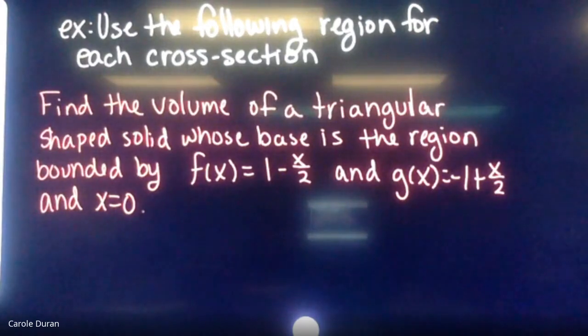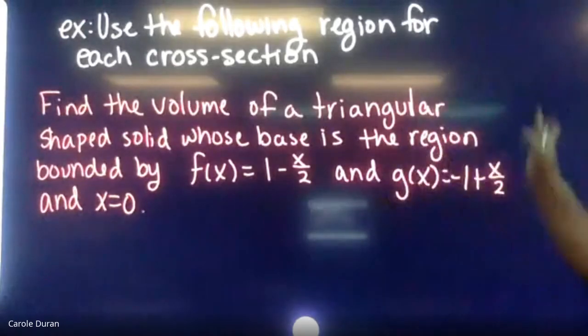For each of these 6 different volumes, we're going to have a different cross-section shape. So this is the base information that we're going to use for all 6, just the cross-section is going to change.